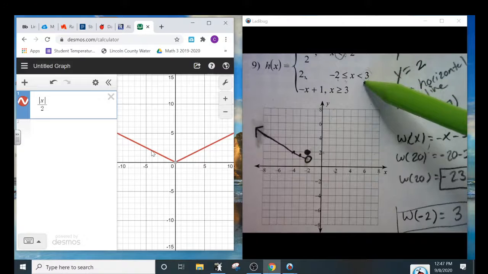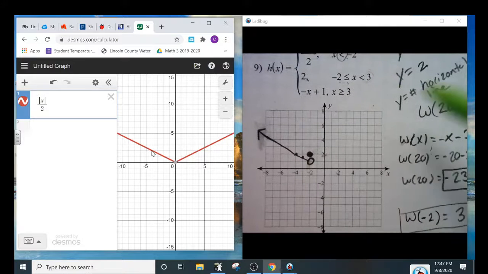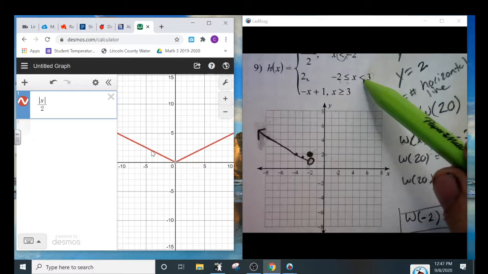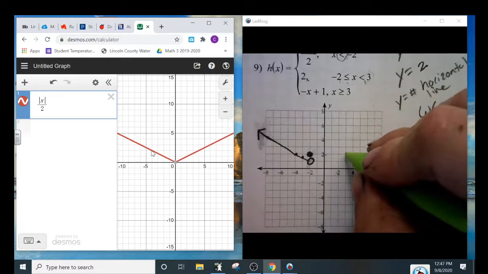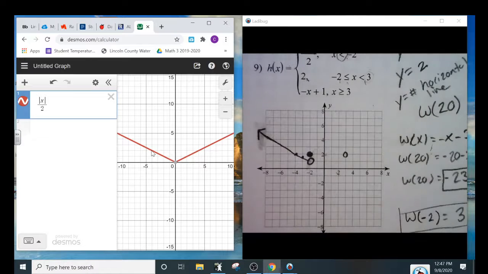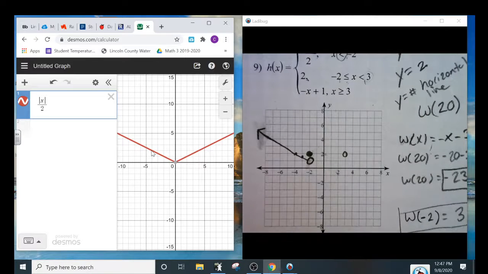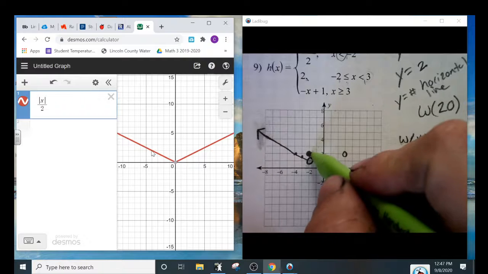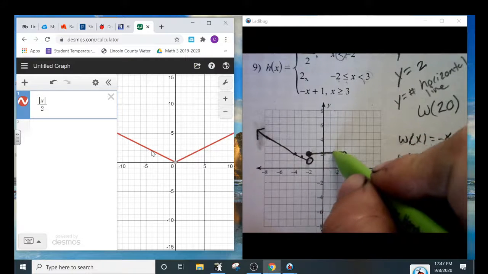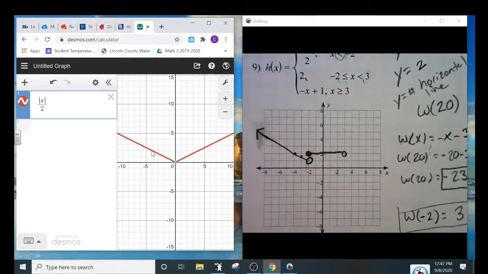Is that going to be a closed or open circle at 3? If it's not equal to, it's open, right? Go over here to 3. Make it an open circle. Guys, because remember, y equals 2 is a horizontal line that goes through 2 on the y-axis. That's how I know where to put my dot. Because y equals 2 would be here. Okay?